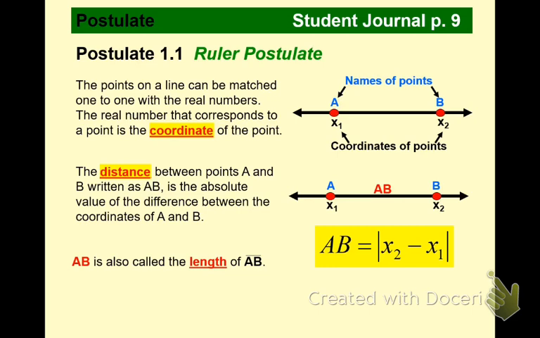So this is the formula. There's a space on there to write the formula. Here's another way to do it. I'm not like a lot of teachers, I guess, or math teachers. I know why x2 comes first, but it doesn't have to come first. You could do x1 minus x2, and it's literally the same answer.